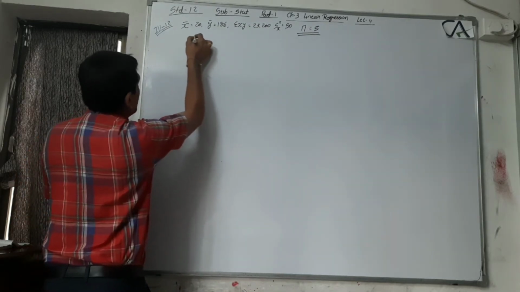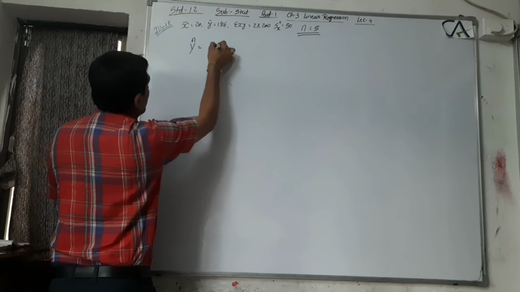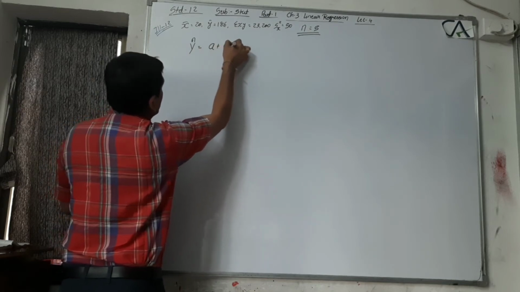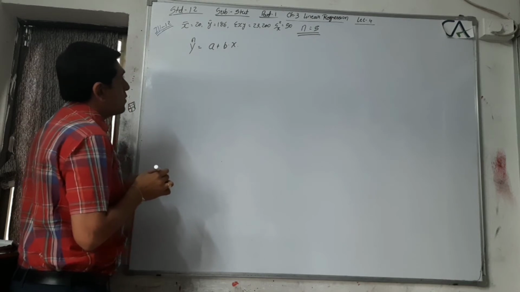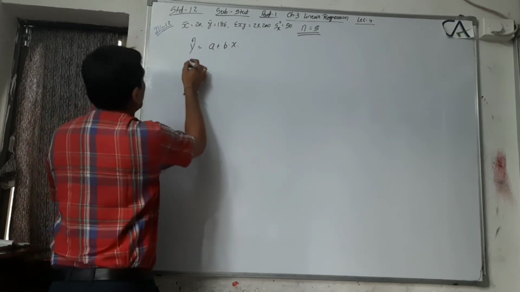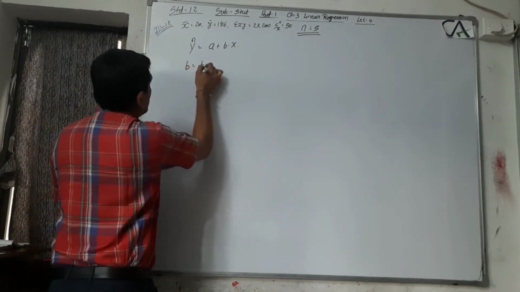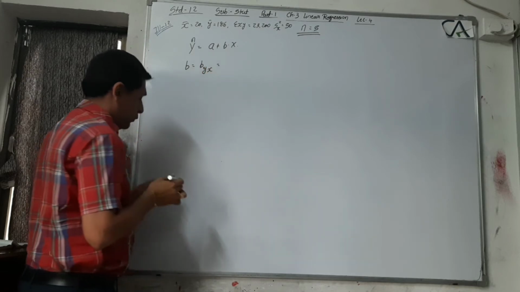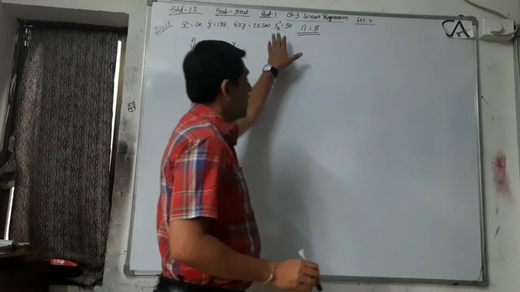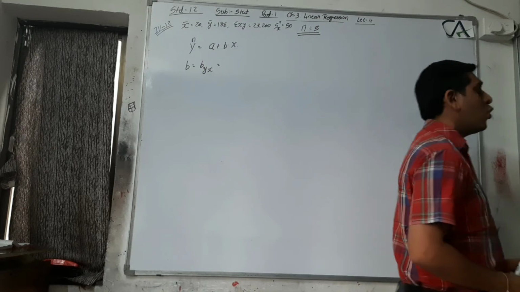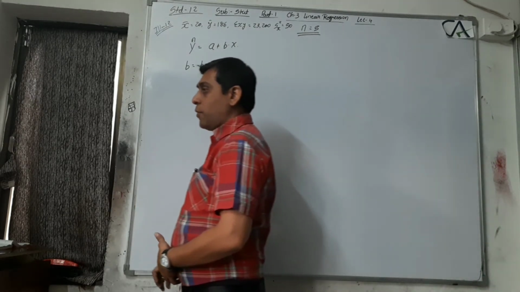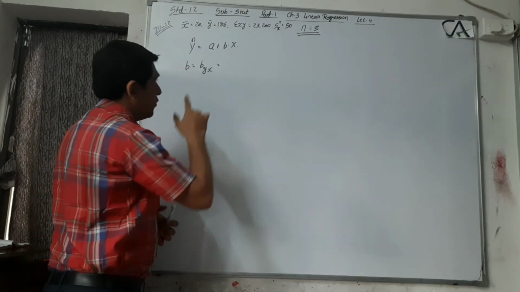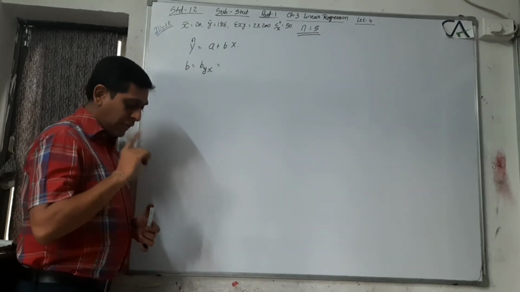Here we have to find out first of all y on x, that is y cap is equal to a plus bx. But for that b is equal to byx, if sx square is given, we have to write covariance of xy upon sx square. That is the main formula for byx when sx square is given in the short sums.